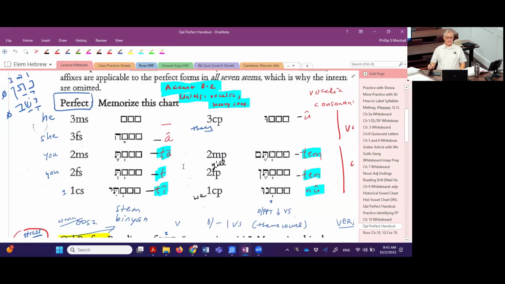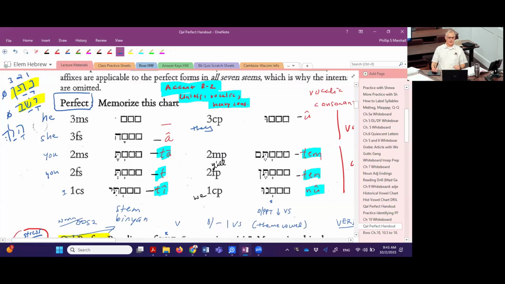They mark the subject. So the three boxes here represent any three consonants of a verb. If you remember, we've learned natan, we've learned yashav, we've learned halakh, right? So those three consonants could go wherever these three boxes are. What's going to change are the endings to mark who's doing the different verbs. He gave, he sat, he walked.